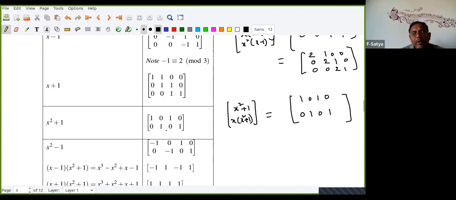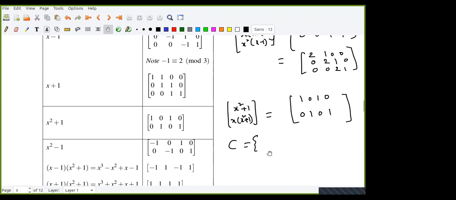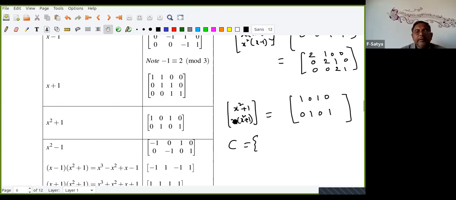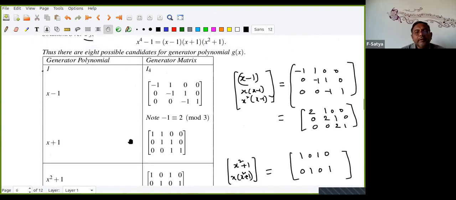So what are all the cyclic code words now? Can you tell me how many code words will be there? Somebody can tell me how many code words will be there in this cyclic code? 4? No. That's why I asked. We are working in F3.